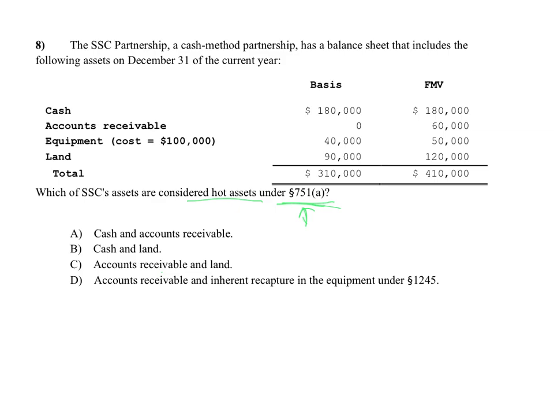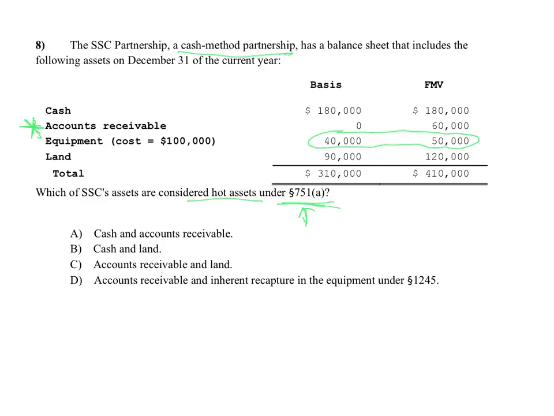Okay, well, we know that they're a cash method partnership. So we know that accounts receivable are a hot asset. Okay? We also know that depreciation recapture is a hot asset. Okay? So what do we see about their equipment right here? We see that their basis is $40,000 and their fair market value is $50,000.